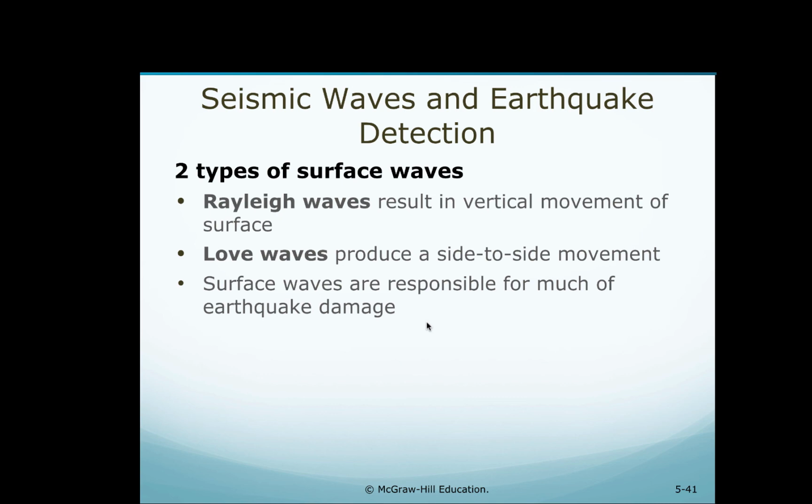The Rayleigh waves produce a vertical movement of the surface. Love waves produce a side-to-side movement. The surface waves are responsible for much of the earthquake damage. They were definitely responsible for those telephone poles and the wires going up and down.